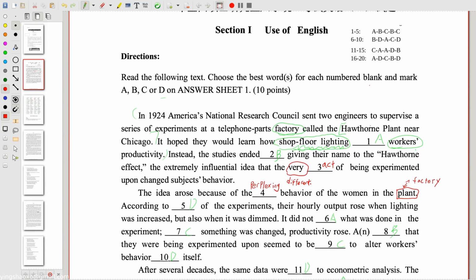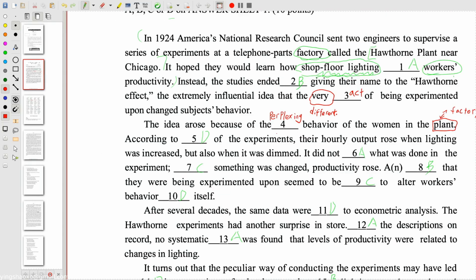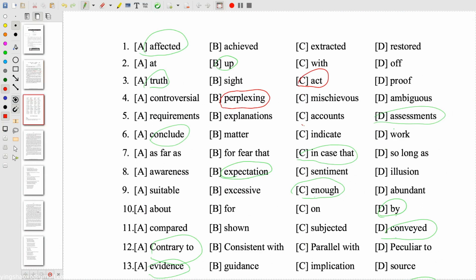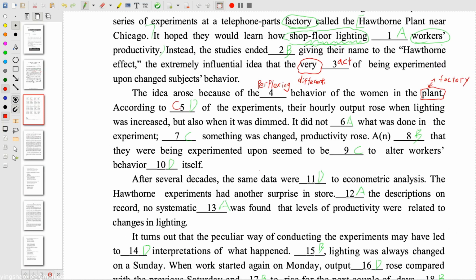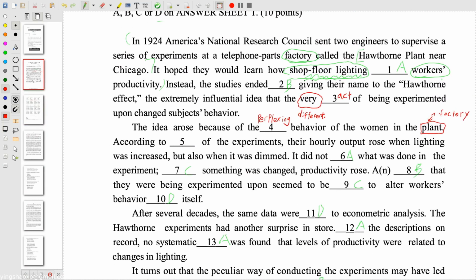Okay, then let's take a look at the fifth answer. It should be C, but we chose D here, so it should be C. C is accounts. Let's write it down here. We could do it better than this.